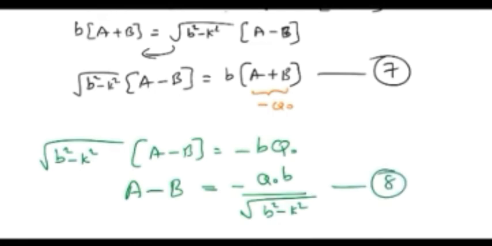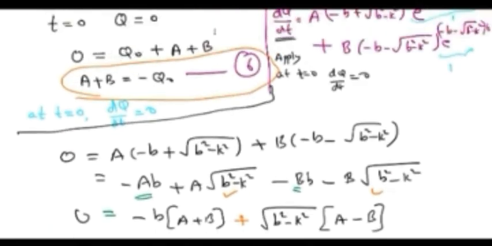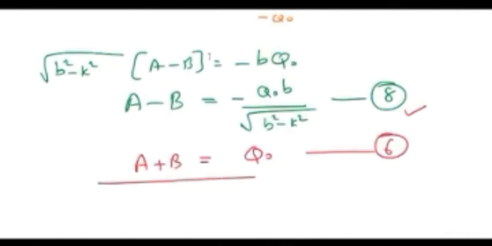Now you have to concentrate on these two equations, this one and, if you go back, equation number 6, A plus B is equal to minus q0. Write these two equations together to find the value of A. Adding 6 plus 8, this will be 2A equal to... oh, I missed the minus sign.